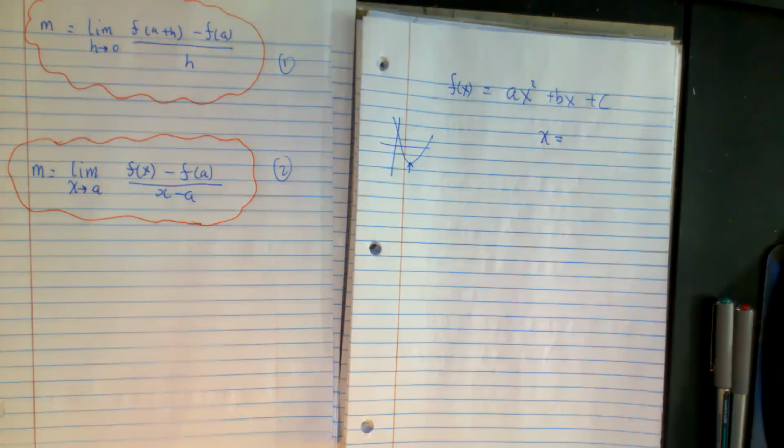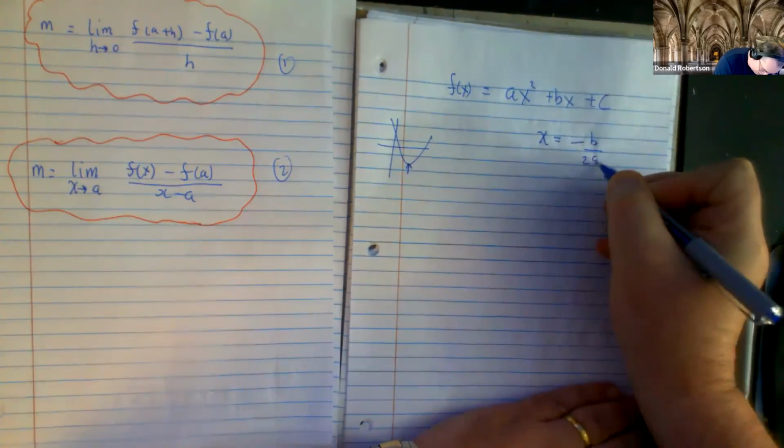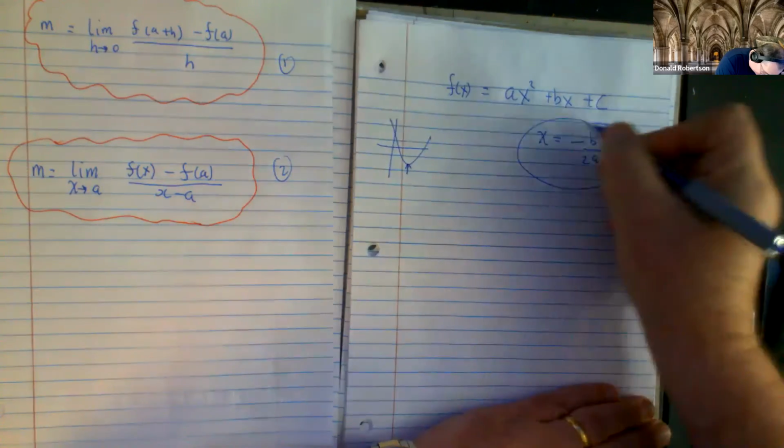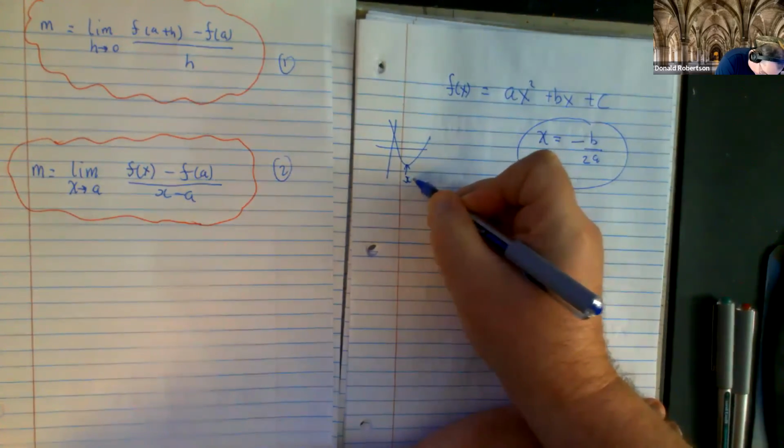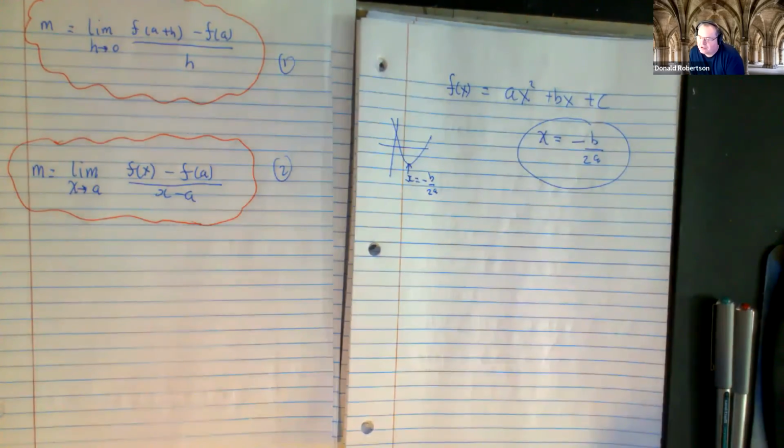Carter, I want to give you something. There we go. It's negative B over 2A. Right, so that guy there has an X coordinate of negative B over 2A. Does that ring some bells for some of you? Quadratics, X coordinate. Watch what I'm about to do.